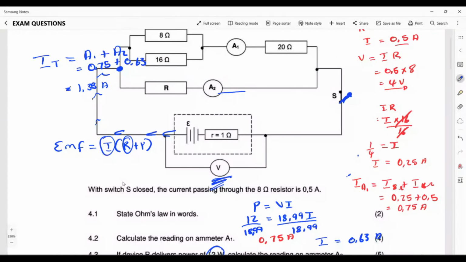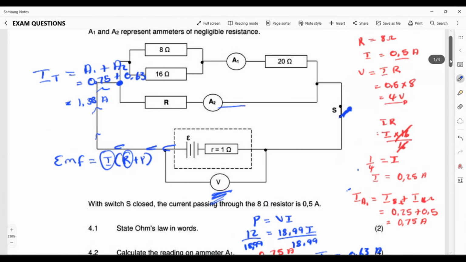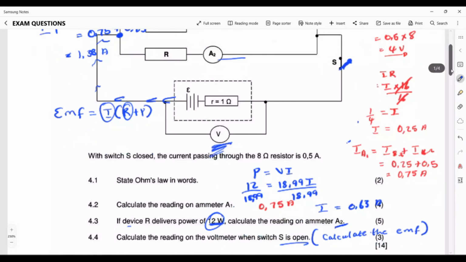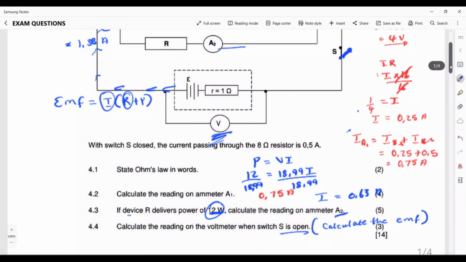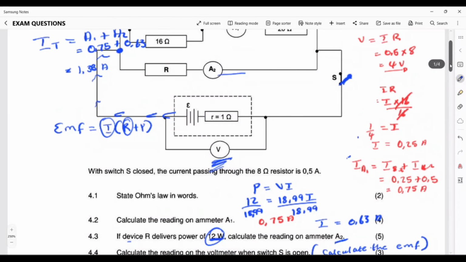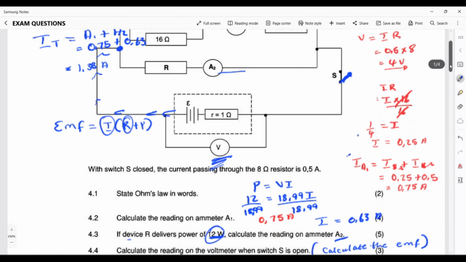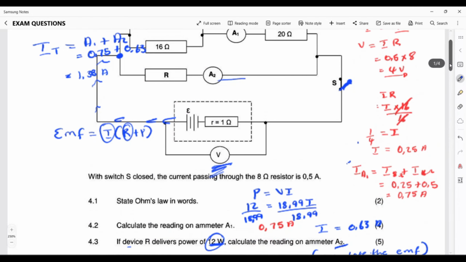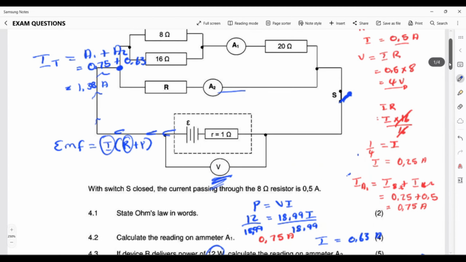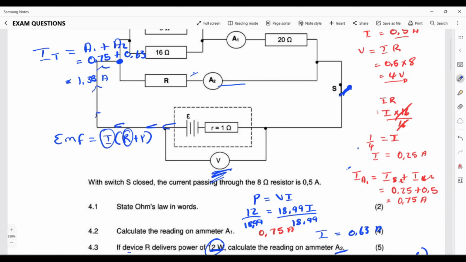in this case, do we have it? Let me see. I think we have the resistance for the top branch, but we don't have the resistance for the bottom branch. Okay, but we can find it, because for this branch, we have a current of 0.63, and then our voltage, we have a voltage of what?